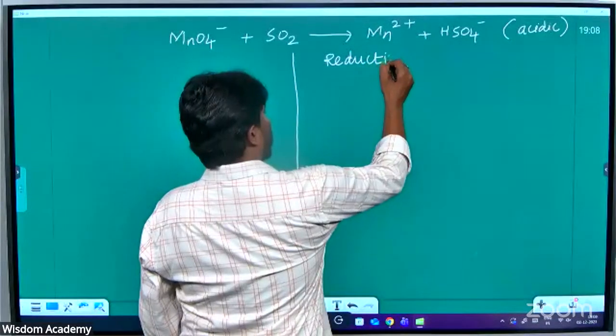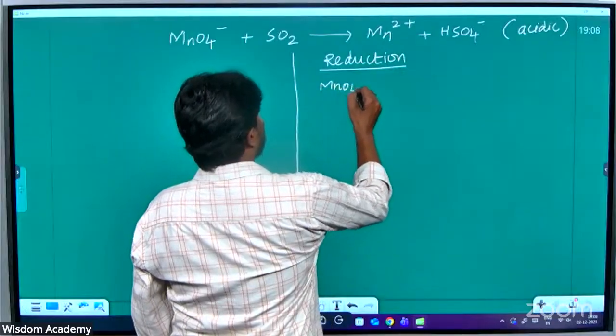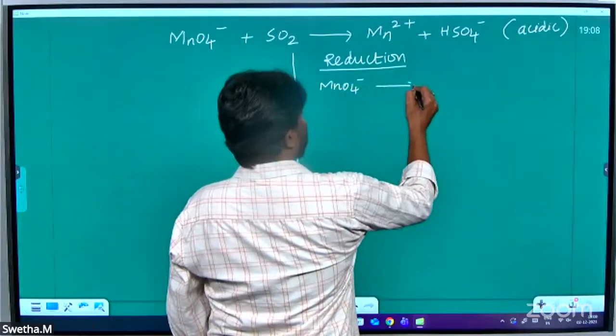Sir, the reduction reaction is MnO4 minus to Mn2 plus. Okay. MnO4 minus gives Mn2 plus. Okay, good.